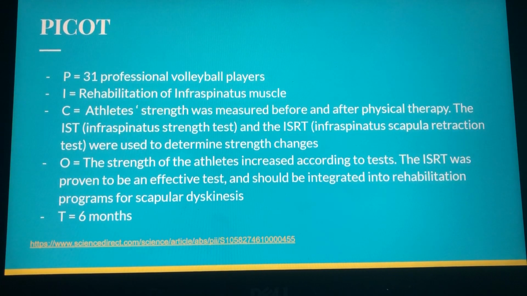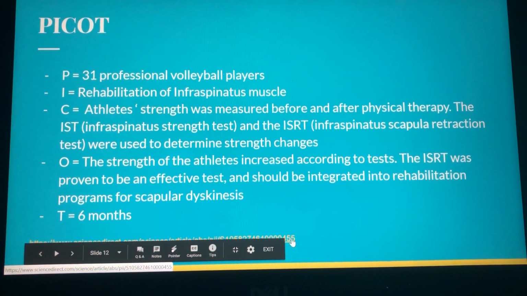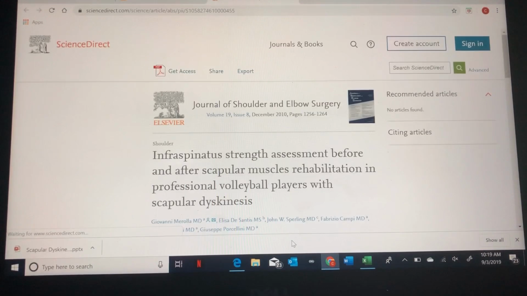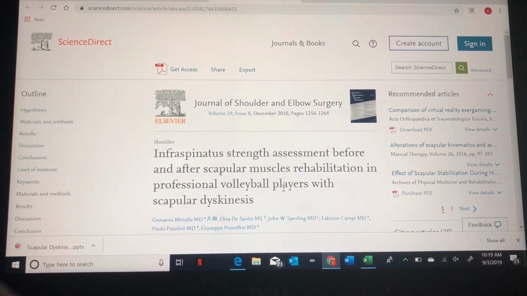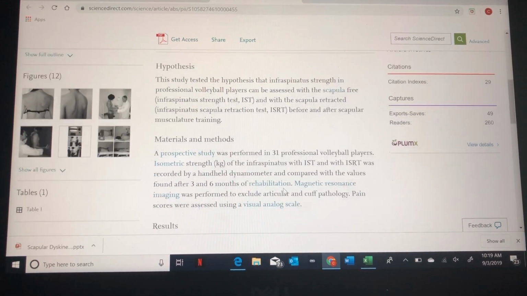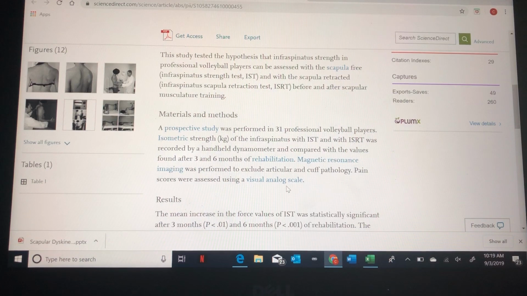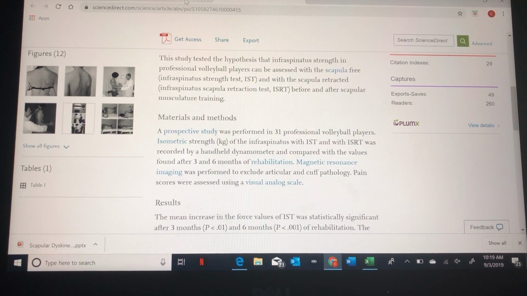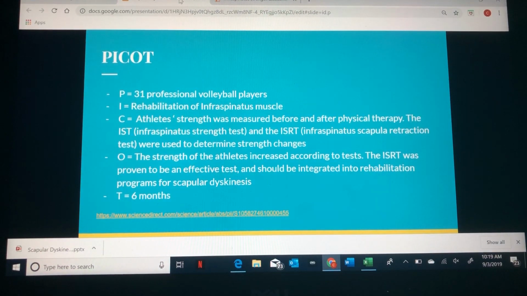So after looking at all that, my PICOT analysis was about a study on the infraspinatus muscles of athletes, 31 volleyball players, I believe. Yes, 31 professional volleyball players, and they had the strength of the infraspinatus muscle tested by the infraspinatus strength test and the infraspinatus scapular retraction test.